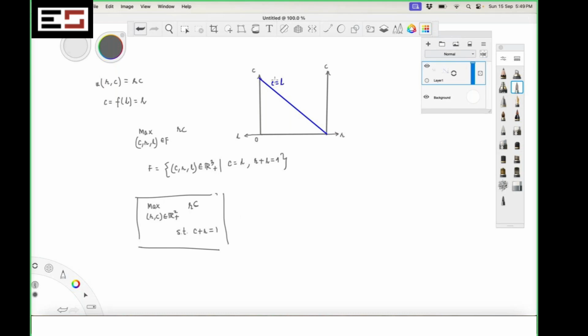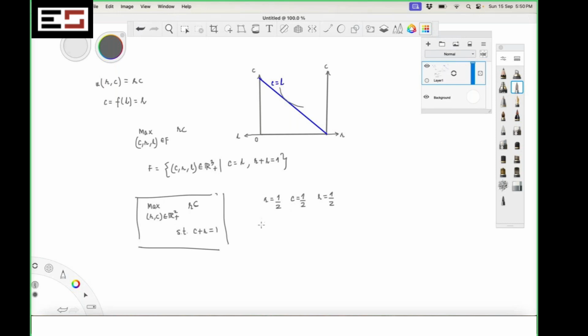And solving this problem is very easy because if you see, this is a standard Cobb-Douglas environment, with a linear constraint. So you can easily do it, and you'll get R equal to half and C equal to half. Okay, and since C equals L, L is also half.